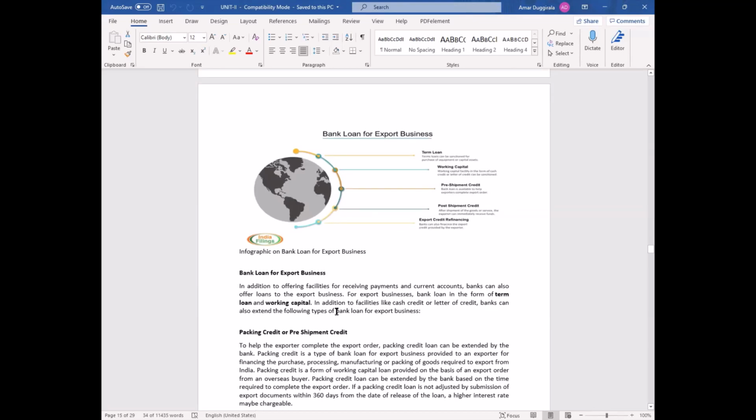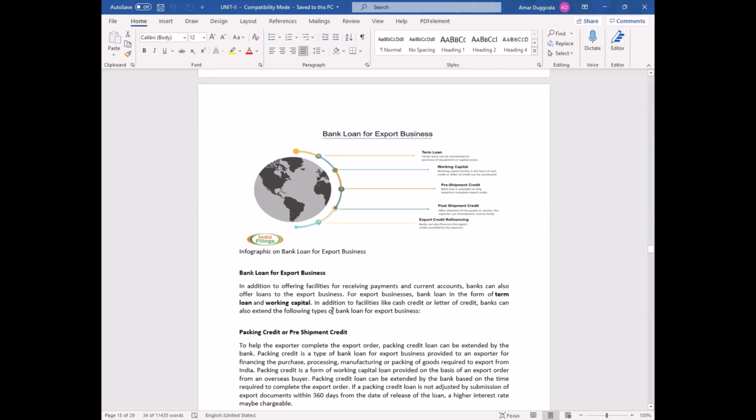These are the short-term and long-term loans that are offered by banks, supported by RBI for credit export promotion, growth of export in the country, growth of manufacturing in the country, growth of skills in the country.